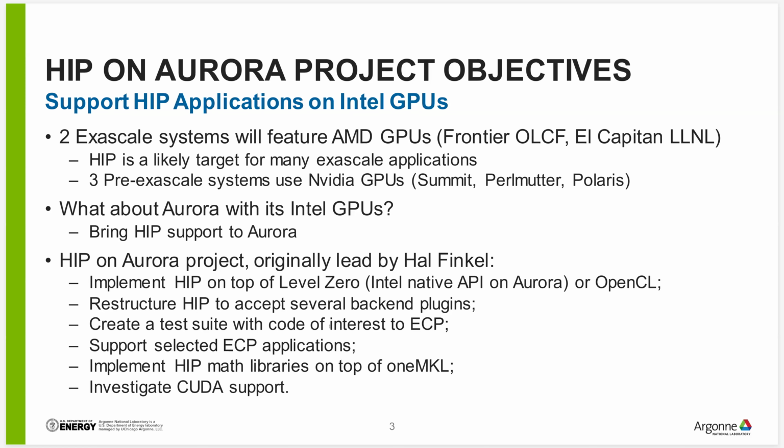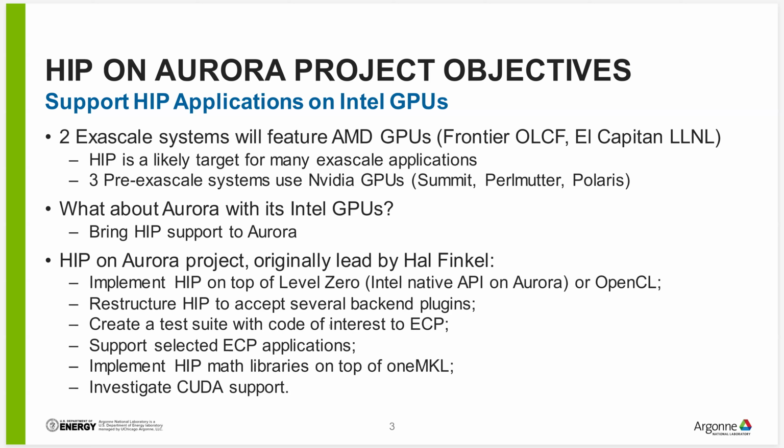So Frontier, which uses MI200X, MI250X, and El Capitan will use MI300A chips. So they are both AMD systems, and so HIP is a very likely target for many exascale applications, whereas the pre-exascale systems were mostly using NVIDIA GPUs, so had CUDA support.